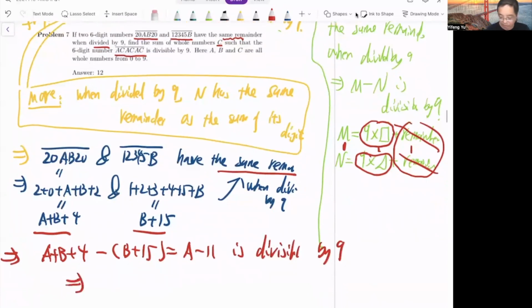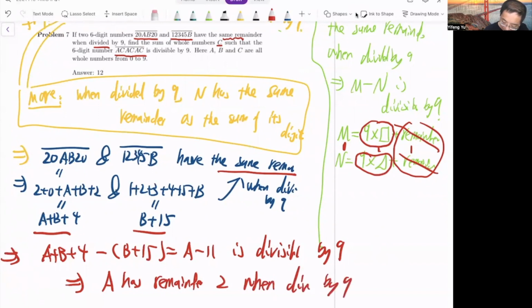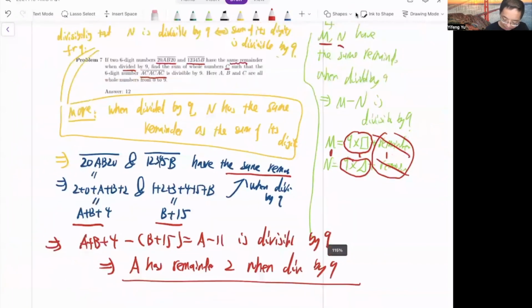Okay, and then we should quickly get what shall be the remainder when a is divided by 9. We say, okay, so that means a has remainder 2 when divided by 9. Okay, so we get the first thing. We get a has the remainder 2 when divided by 9.